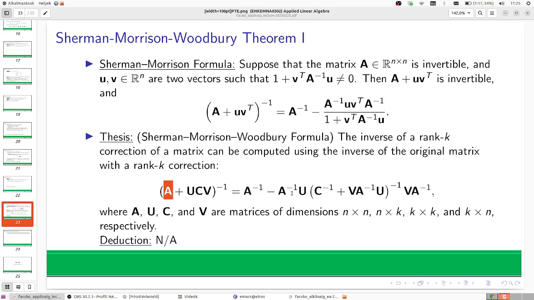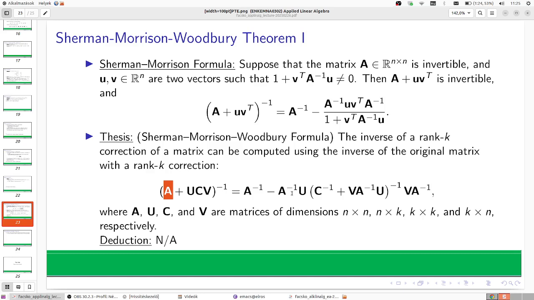If you check this properly, and C is the identity matrix, then you can see the same or almost the same as above.